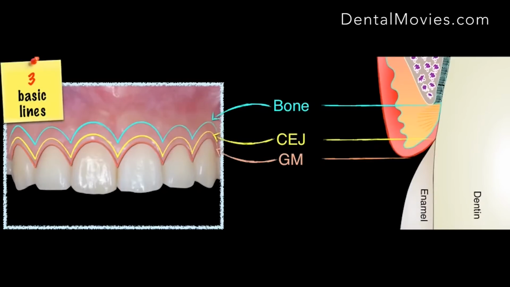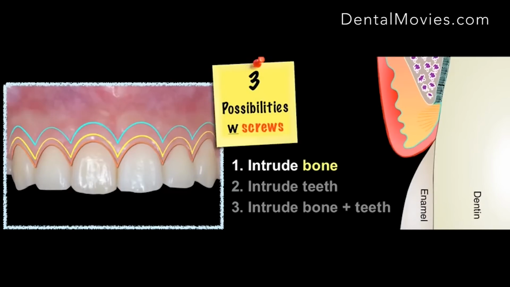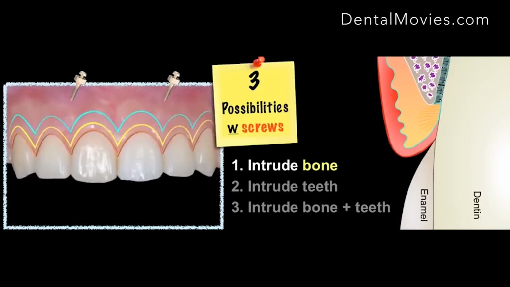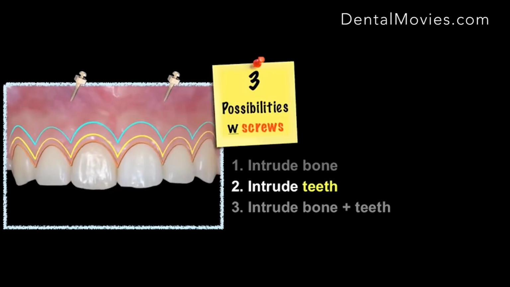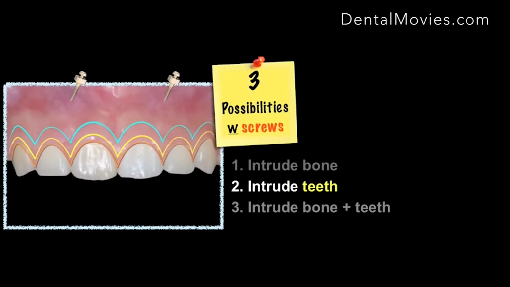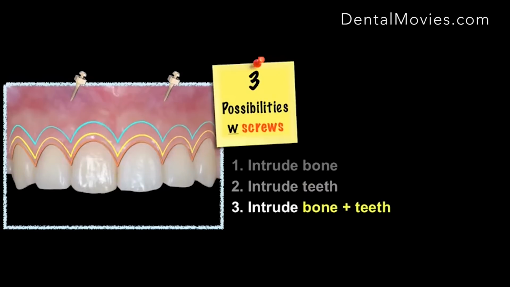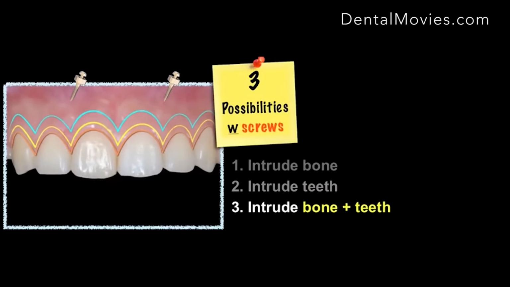With that, there are 3 possibilities with the screw to intrude it. The first possibility is you intrude the bone with the screw. That's ideal. But sometimes you might just intrude the tooth. And most likely, you will intrude the bone along with the tooth.